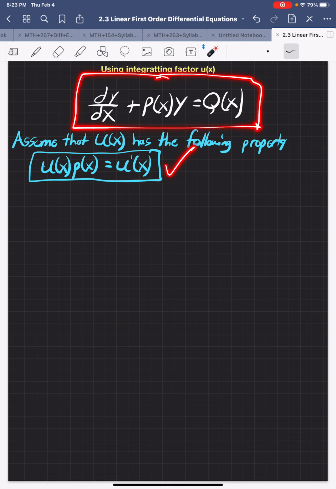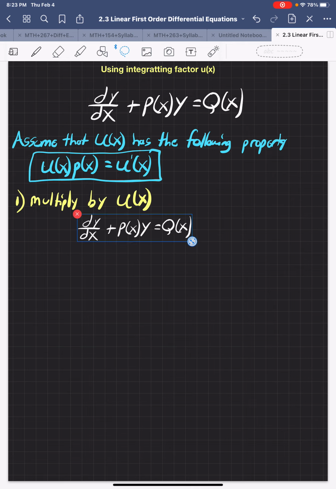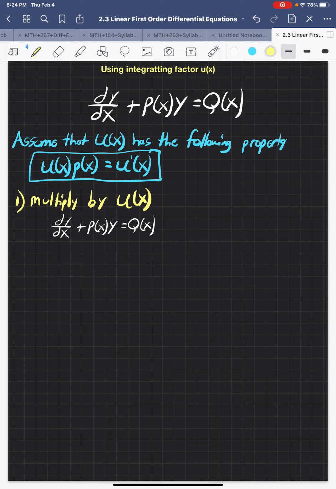Okay, so let's go ahead and multiply. I'll give you some steps here. We're simply going to multiply by u of x, first step. So let me grab this, bring it down, and multiply by u of x. So what would that look like?